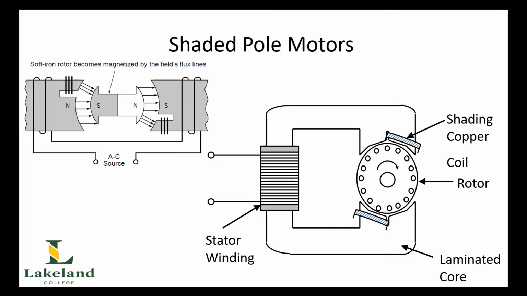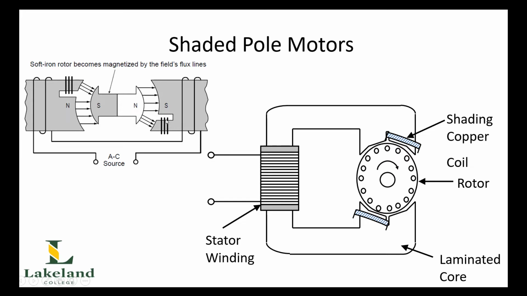Now these things have salient poles, and that's where you get this shading coil idea to get its name of shaded pole. A salient pole is simply a projecting pole, and you can see that in both of these diagrams. Here is the salient pole on the South Pole, here's the one on the North Pole. And again on this diagram, here are our salient poles that project forward.